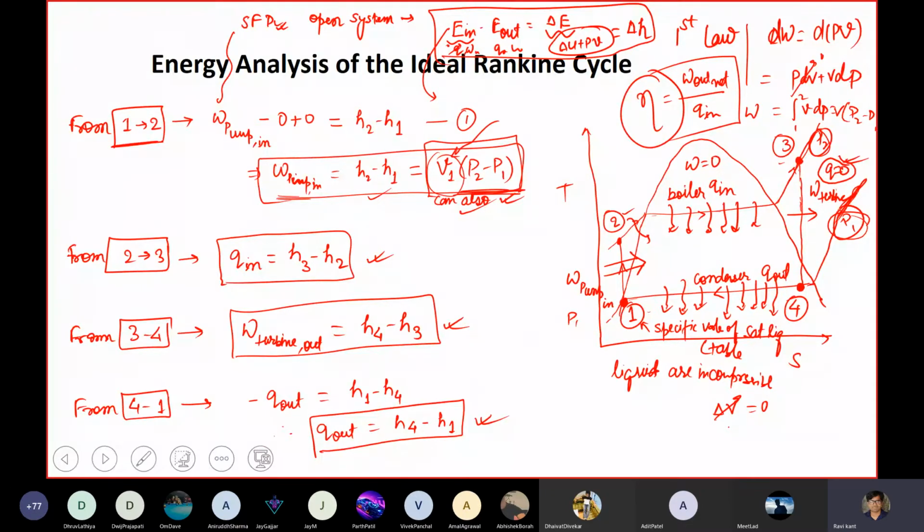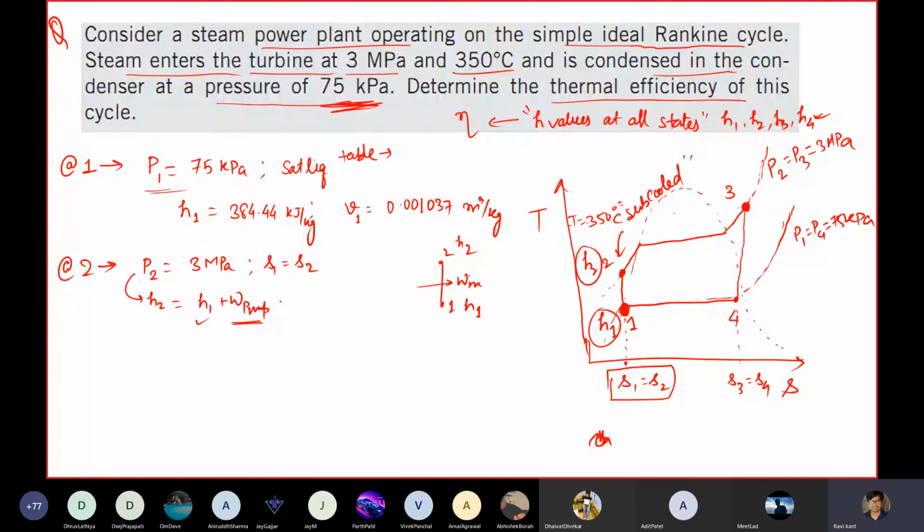So we can write this as H1 plus V1 times P2 minus P1. H1 is known, 384.44, plus V1, the specific volume written over here, 0.001037, times P2 minus P1. P2 minus P1 is given as 3 minus 0.075.